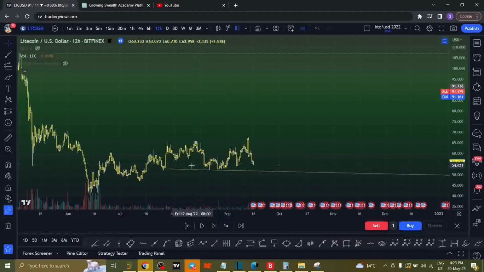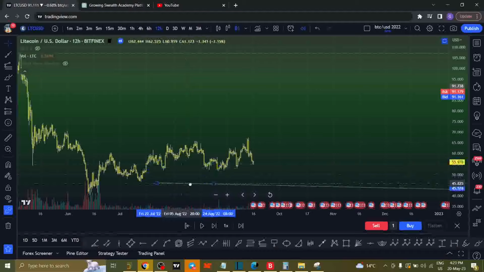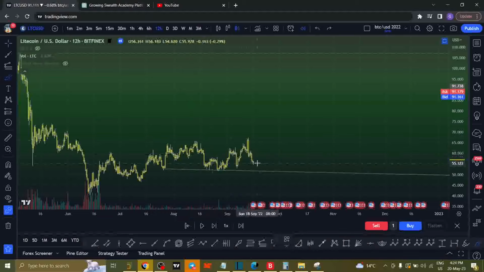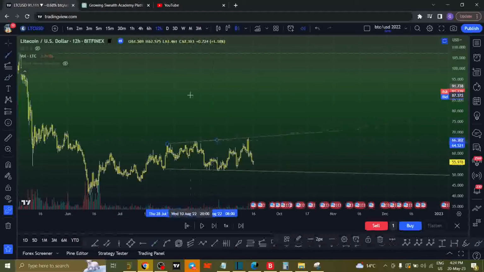Now this level right here tells me that whenever price action touches this support level, it will act as a barrier, preventing price action from breaking below, but rather to the upside. Cool. And we're going to go ahead and get 2 more touches on the resistance, just like that.